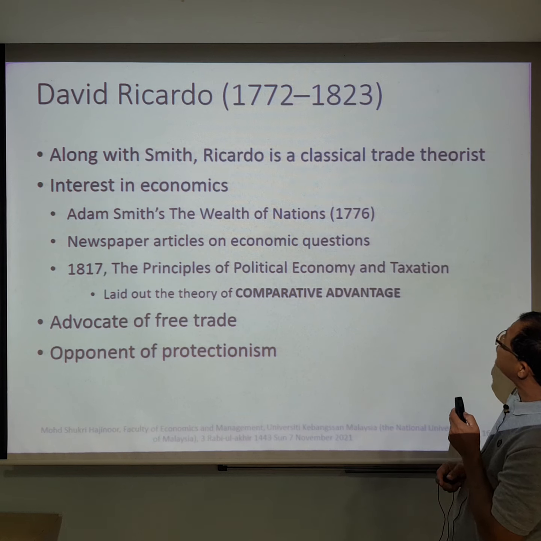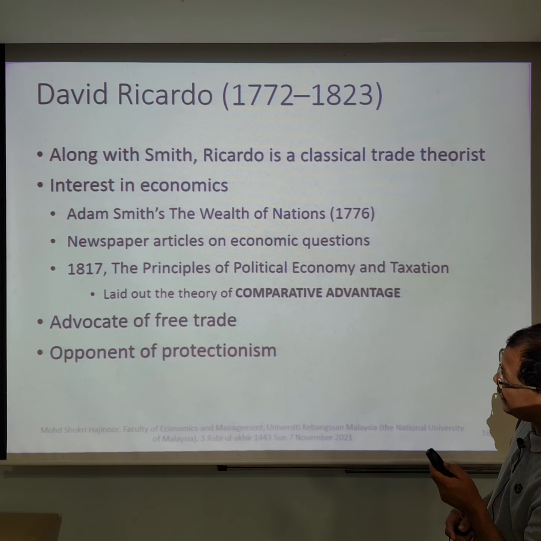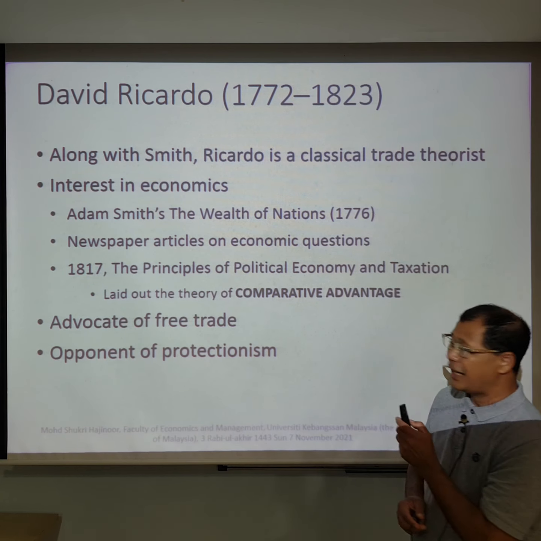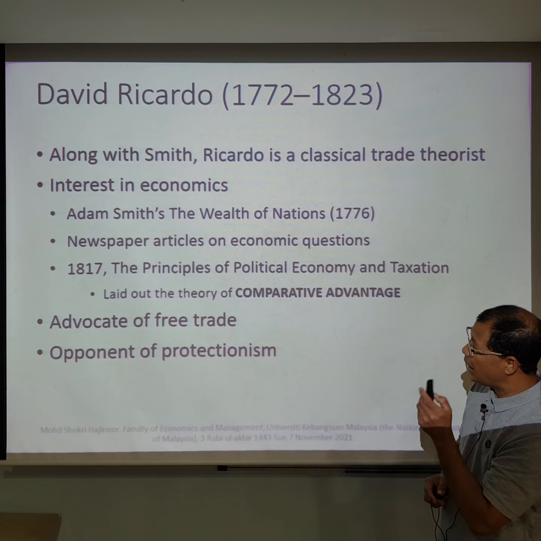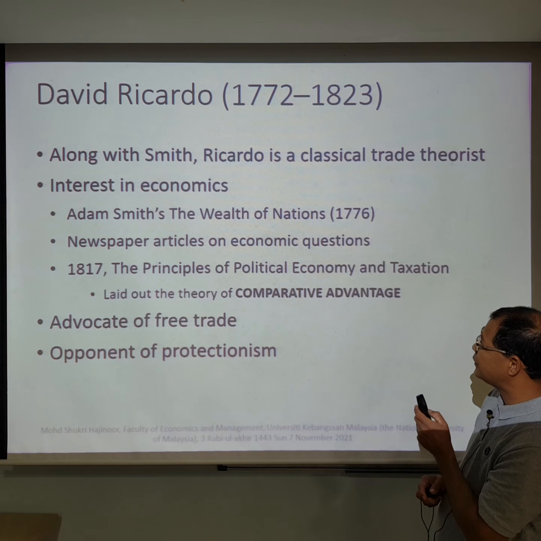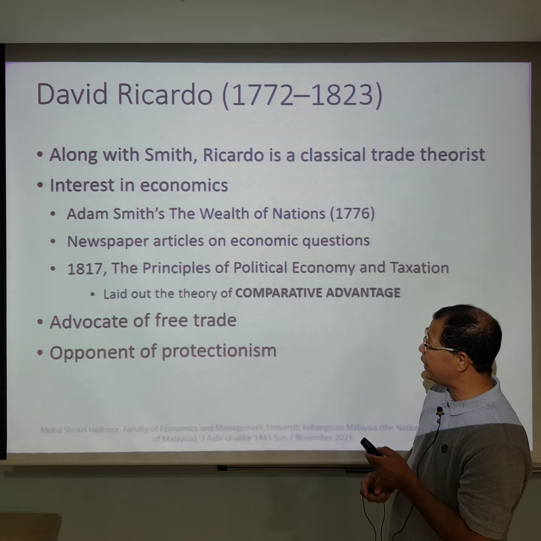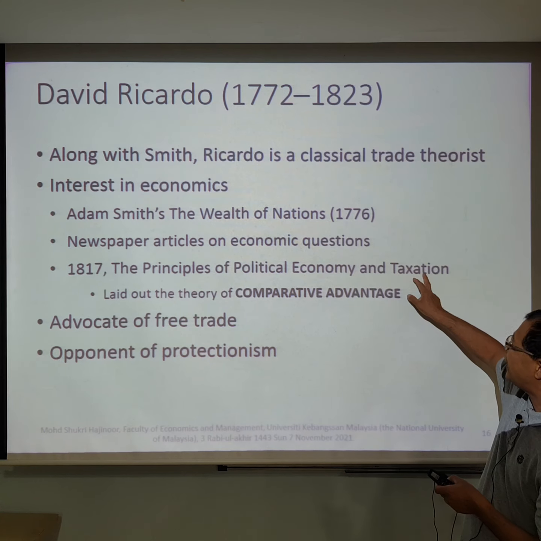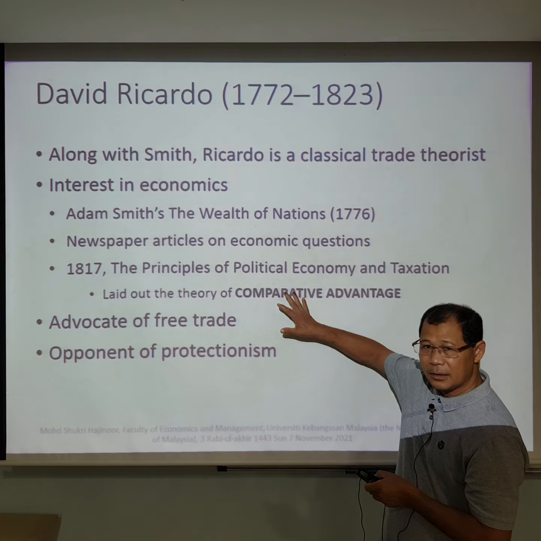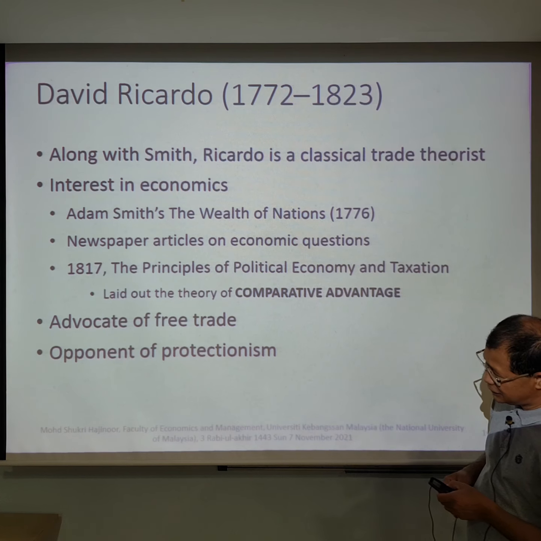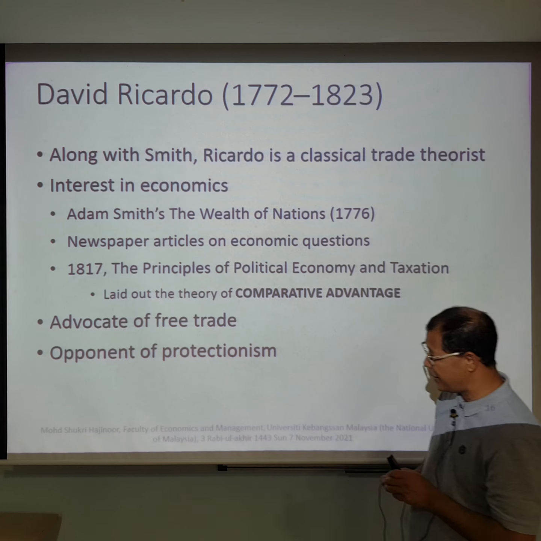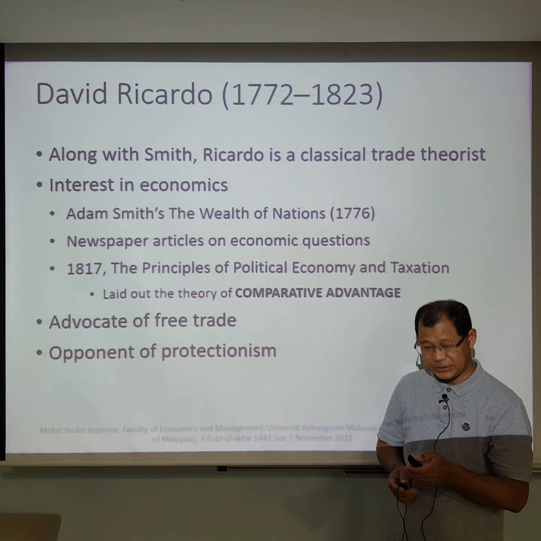Along with Smith, Ricardo is a classical trade theorist, with an interest in economics. He read Adam Smith's Wealth of Nations. He wrote newspaper articles on economic questions. In 1817, the Principles of Political Economy and Taxation. This is the basis for comparative advantage. He advocates free trade, an opponent of protectionism.